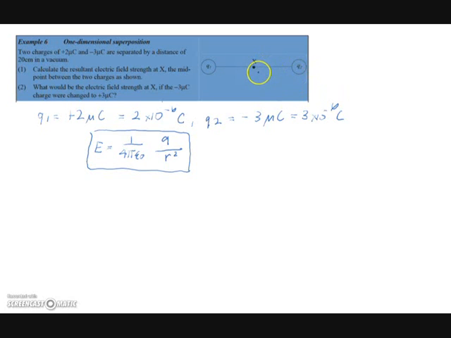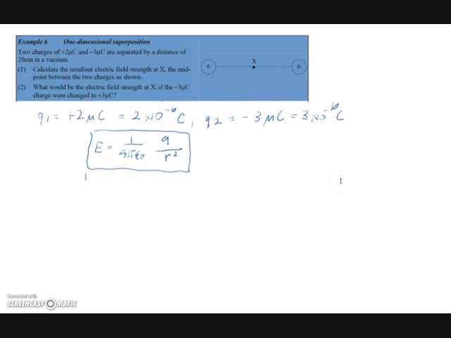So we're going to experience some different forces from each of these charges, and how much of each depends on how big those charges are, and we need to add them up individually, which is what we're doing now.